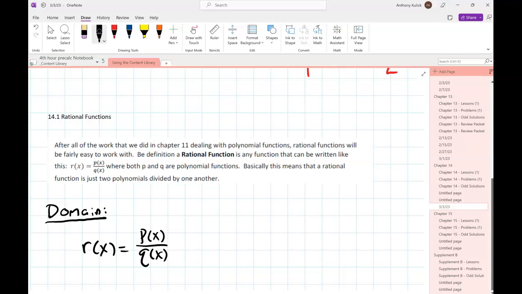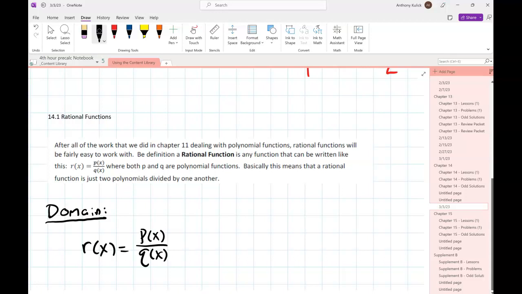Everybody agree with that? And we know that if we have real numbers, if we add, subtract, and multiply, it doesn't matter how we do it or the order we're doing it in, we're going to get a real numbered answer back, right? The domain for any polynomial is all real numbers because you can always plug any real number in and you'll never get anything undefined.